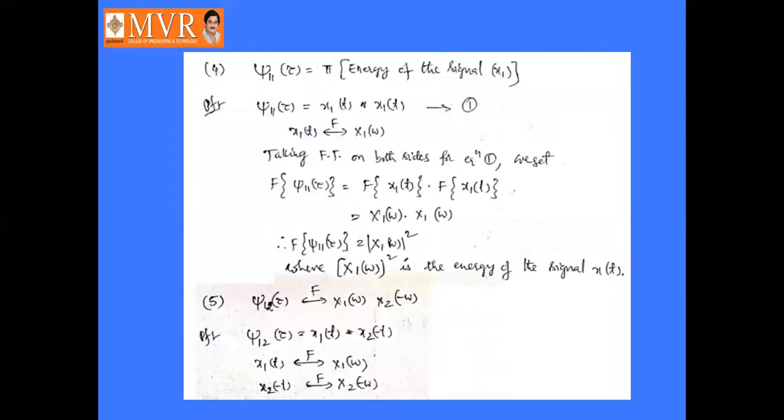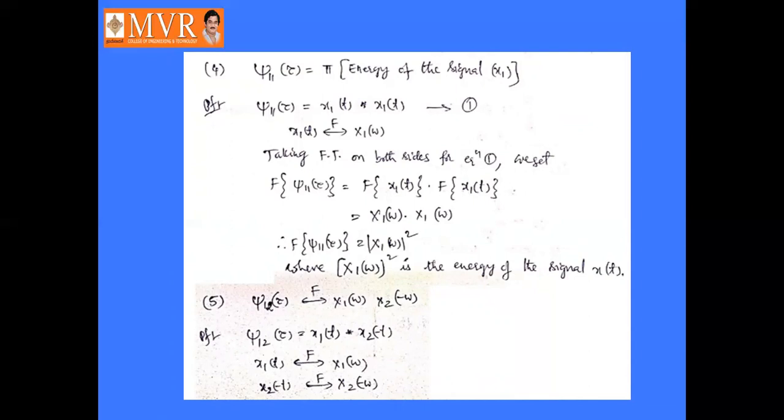The fourth one is the Fourier transform of J11 of tau equal to the energy of the signal x1 of t. So J11 of tau is equal to x1 of t convolved with x1 of minus t. The Fourier transform of x1 of t is X1 of omega.